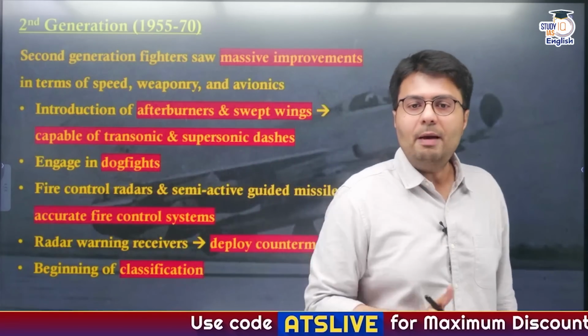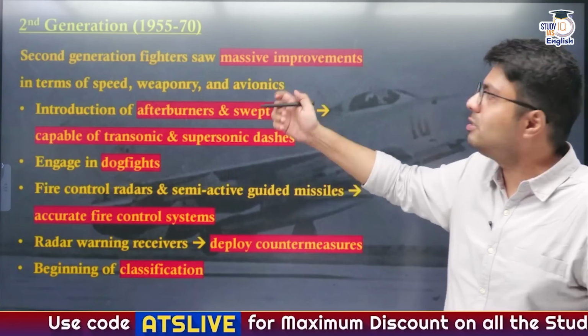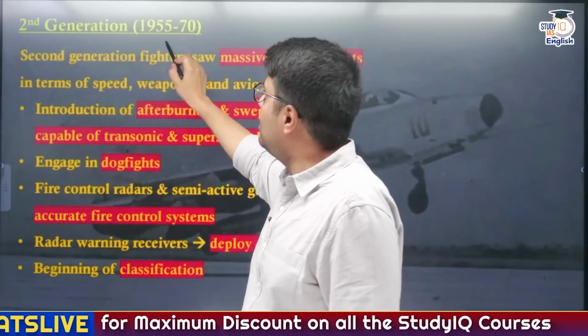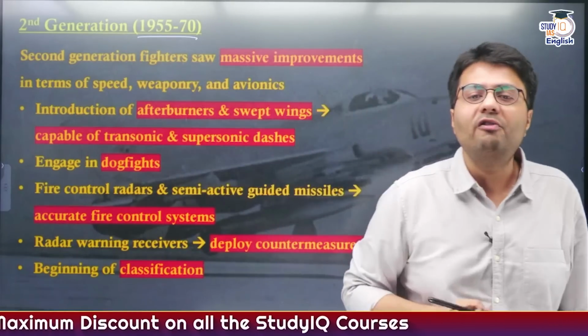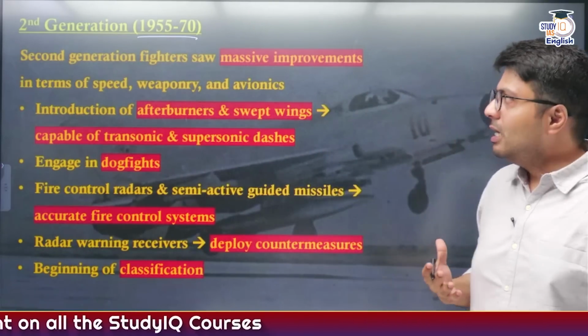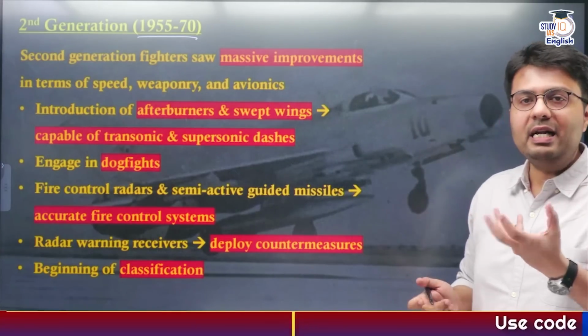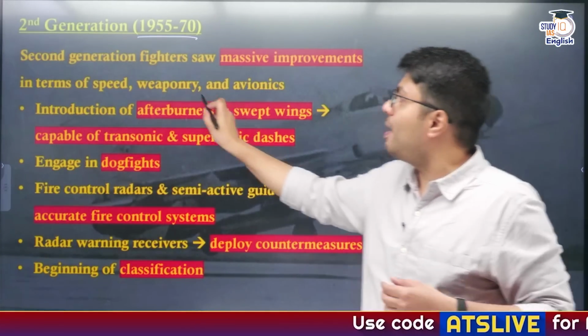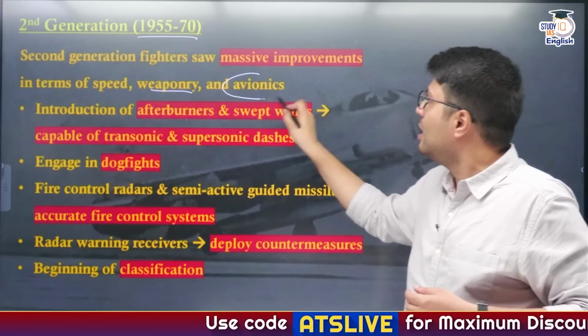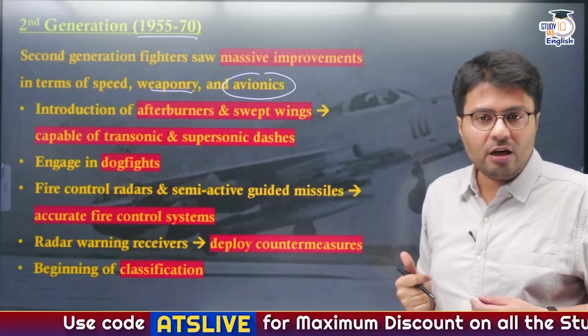Now a technological leap happened, and what we witnessed was the development of second generation aircraft, and this happened between 1955 and 1970. With second generation fighter aircraft, we saw massive improvement in terms of speed, in terms of weapons that they could carry, and in terms of capabilities of the software that they used.